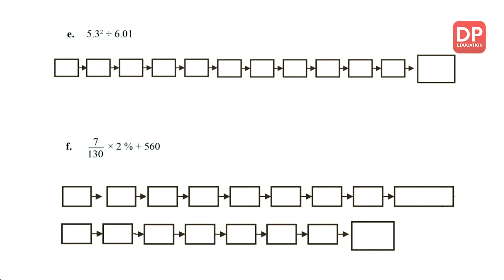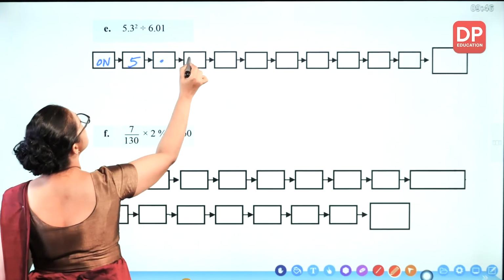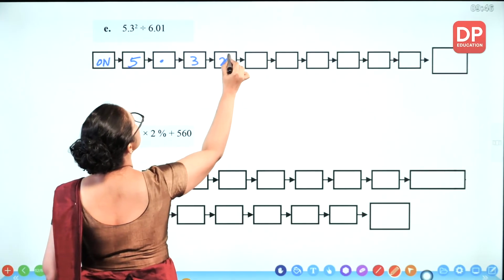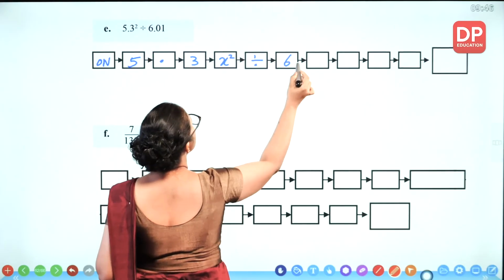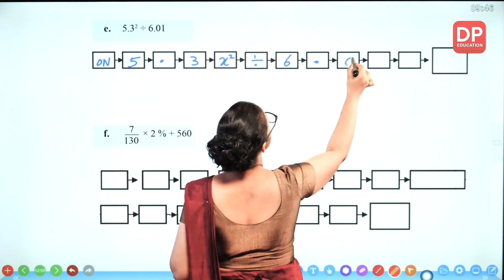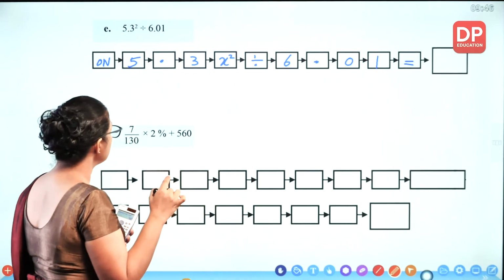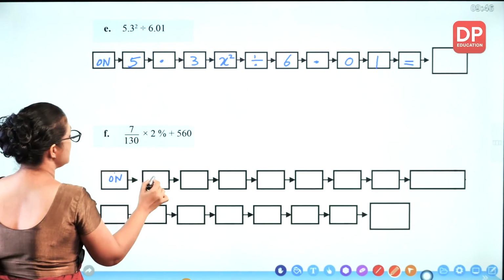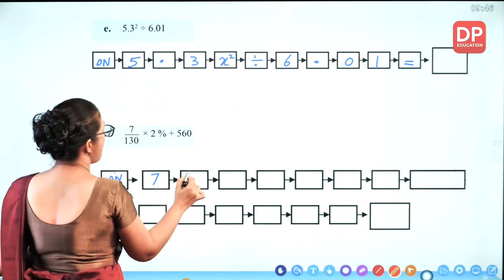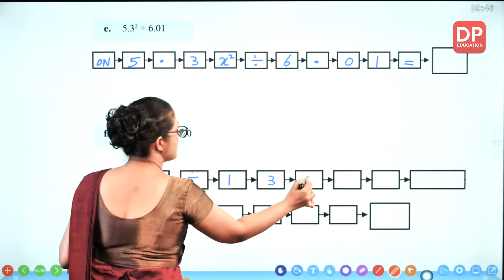This one, switch on the calculator. 5.3 squared. Then divide by 6.01. This one, switch on the calculator. 7 divide by 130.